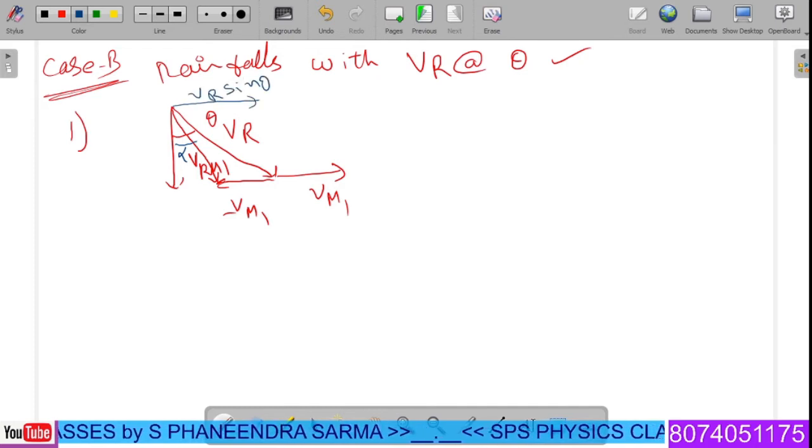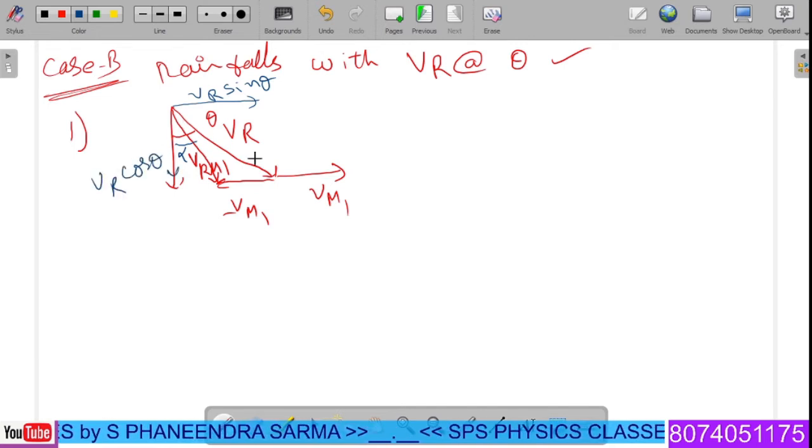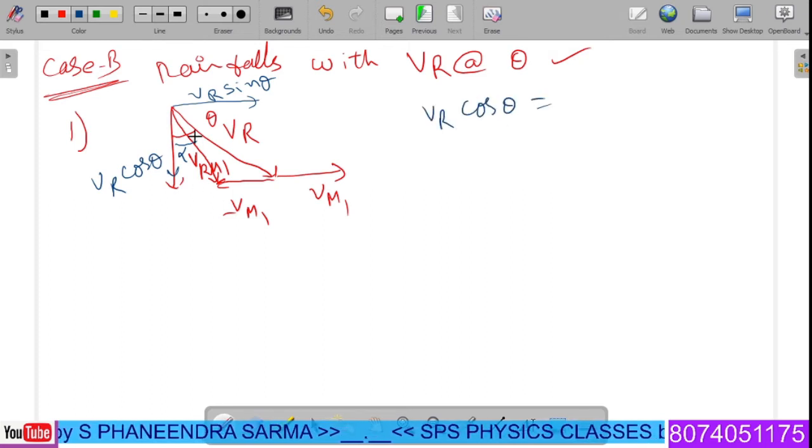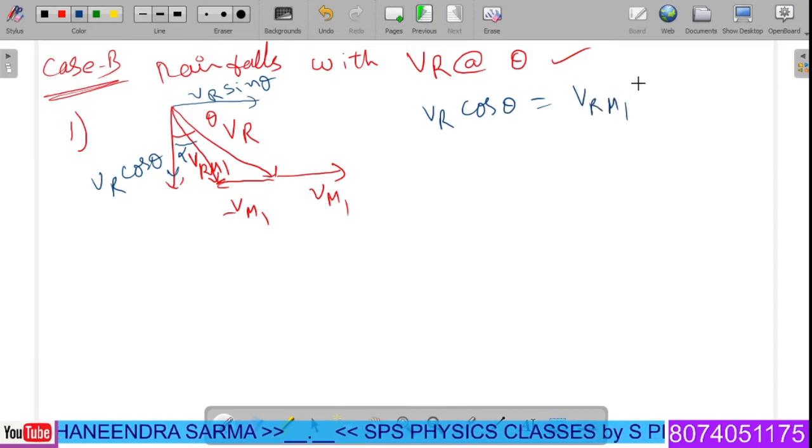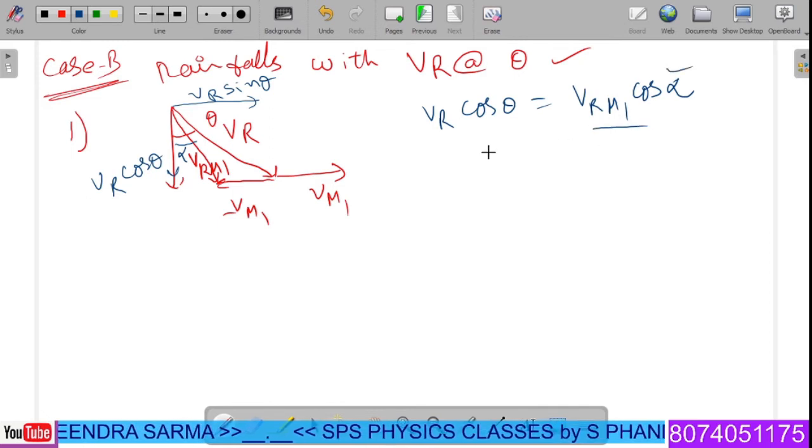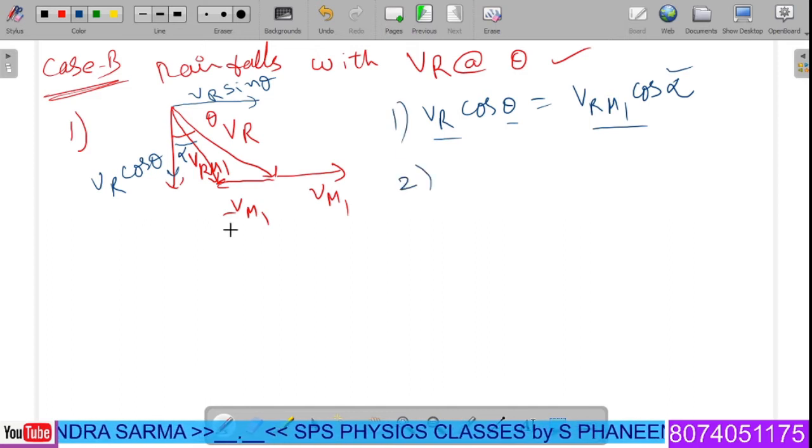Along the vertical direction we have VR cos theta. So along the vertical direction, the VR cos theta component is equal to, upon resolving, along the vertical direction, VRM1 cos alpha. So by using this, you can find out either alpha, VRM1, VR or theta. Any one of the parameters you can find here, in the first case.